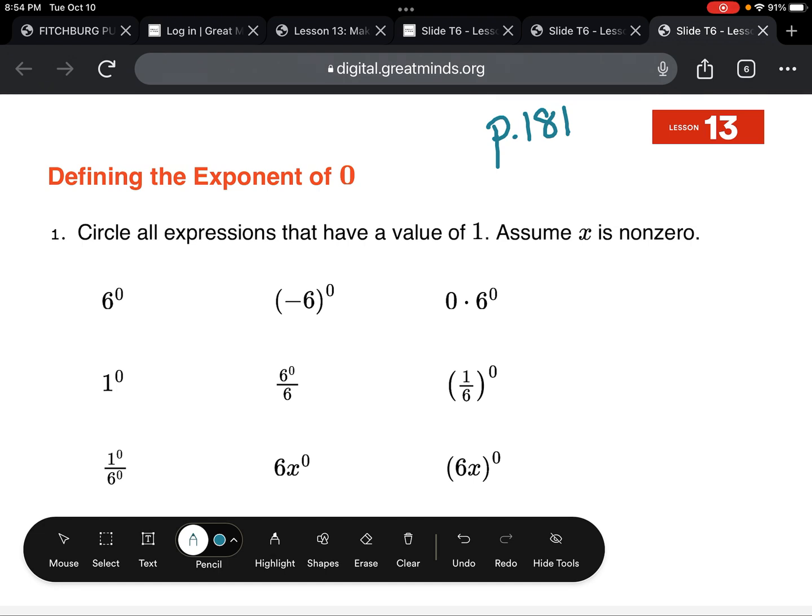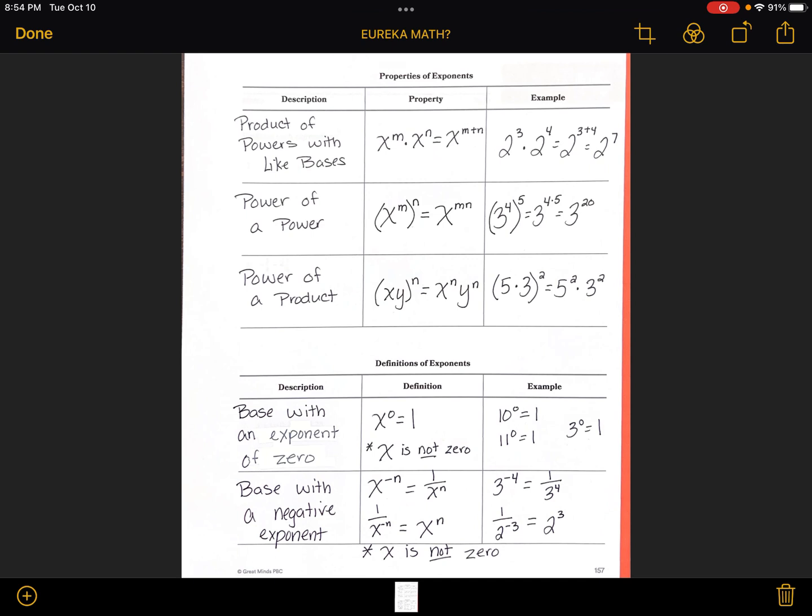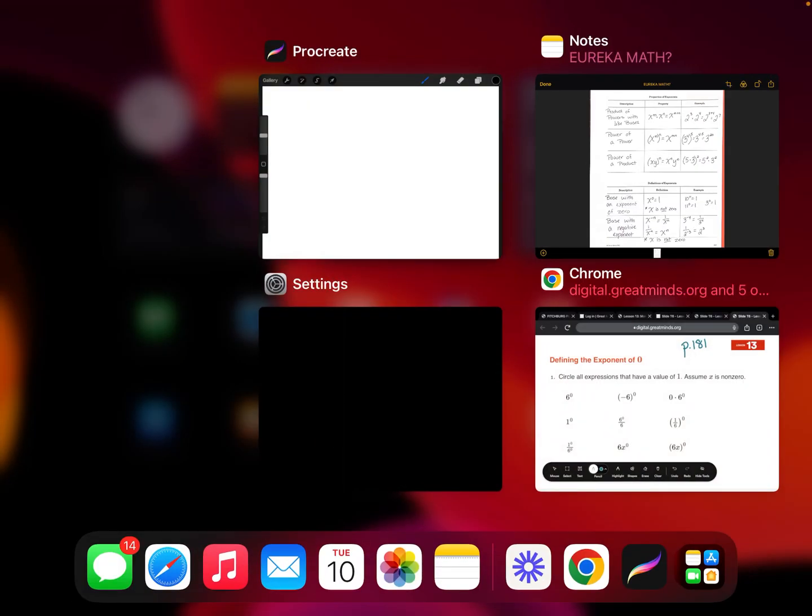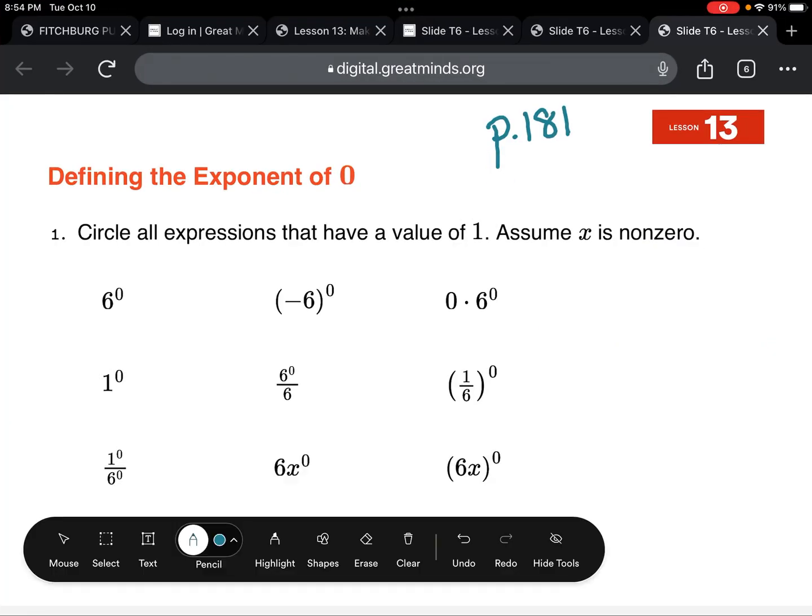So using this definition of base with an exponent of 0, any number raised to the 0 power is equal to 1. So here on workbook page 181, we're asked to circle all expressions that have a value of 1.